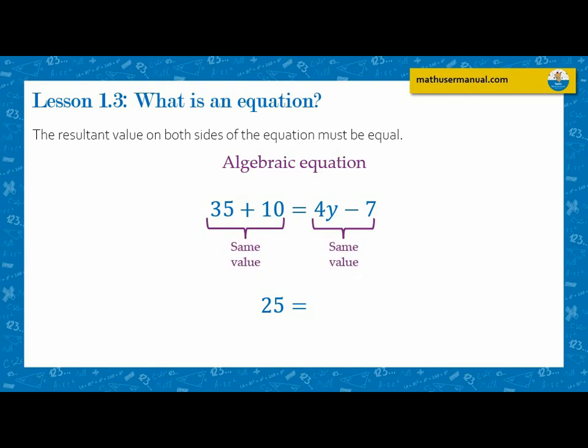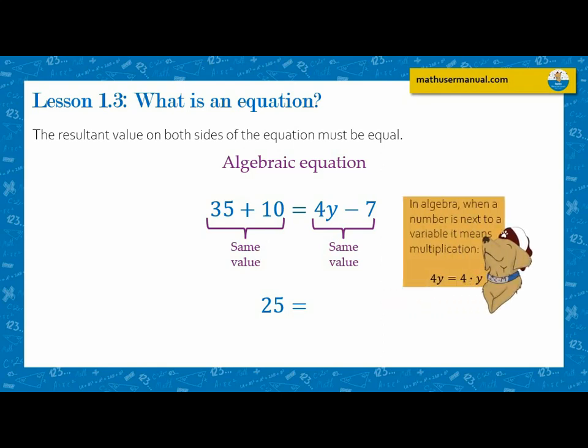What this means is whatever value we replace y for must maintain the equality, must keep the right side equal to the left side. So whatever value we take for y must make the right side equal to 25, because we already know the left side is 25.